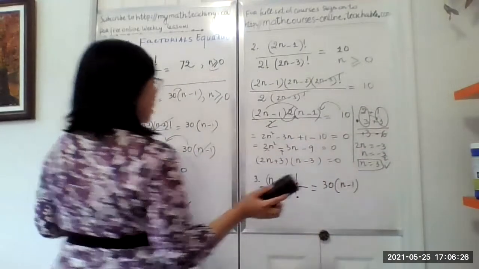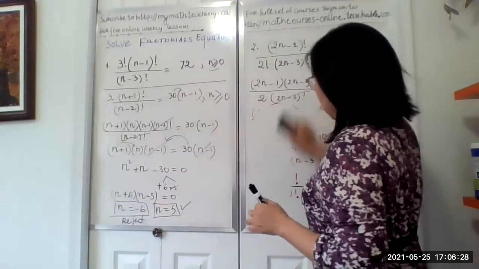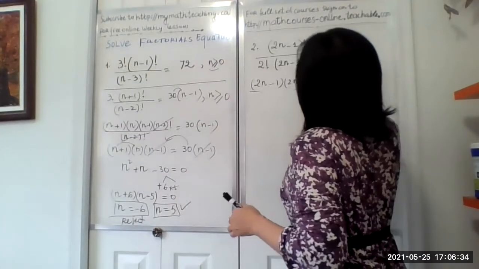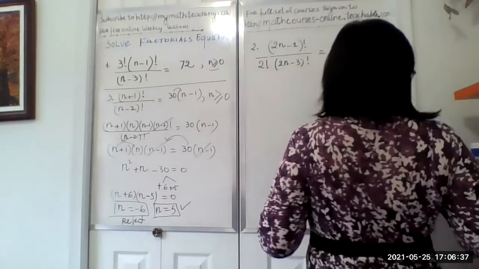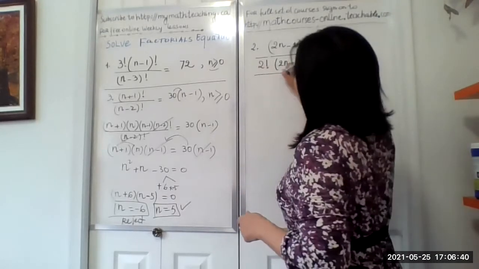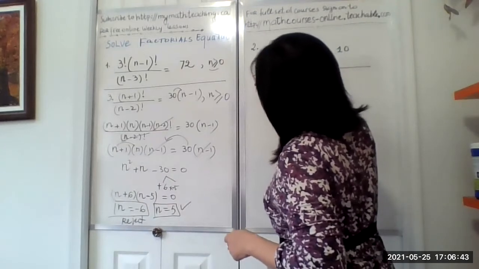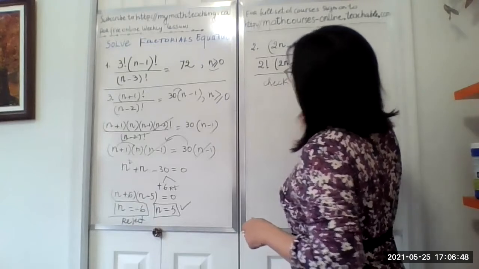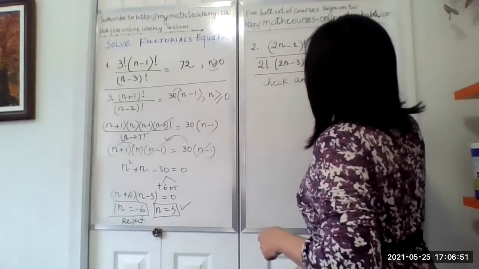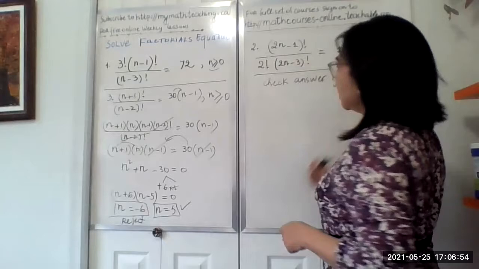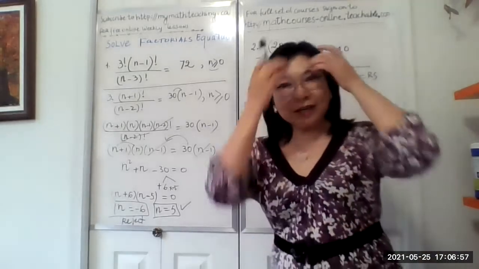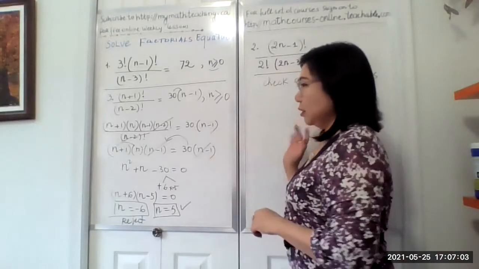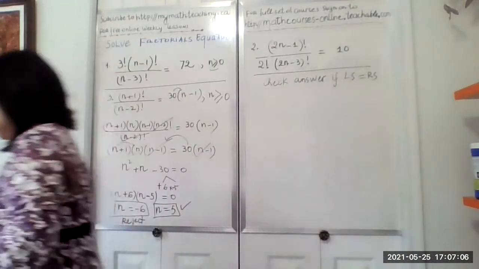Let me erase some of this board, and I'm going to show you. This part, I'm going to say, check our answer, and prove to you that the left side equals the right side, because if we substitute back and we don't get the left side equal to the right side, it means we solved it wrong. So let's prove to you that nothing is wrong with the way I solved the equation.